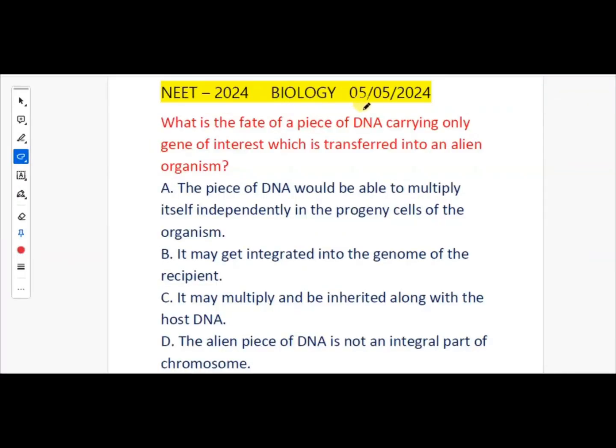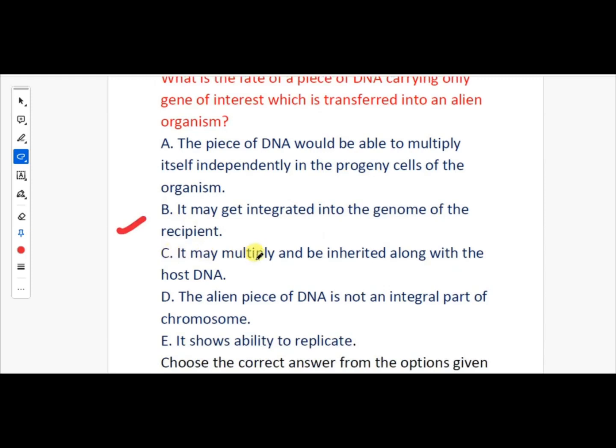Biology NEET 2024. What is the fate of a piece of DNA carrying only gene of interest which is transferred into an alien organism? The piece of DNA would be able to multiply itself independently in the progeny cells of organisms. No, it's wrong. It may be integrated into the genome of recipient, and it's right. It may multiply and be inherited along with the host DNA.